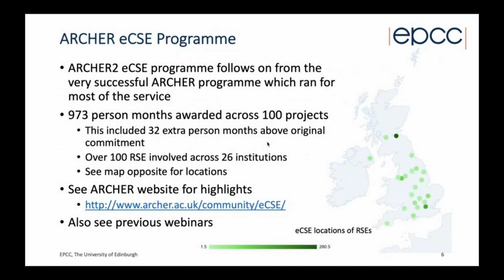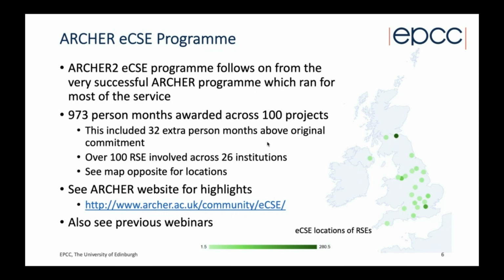I mentioned that a program like this had run under originally HECTOR and then ARCHER. The ARCHER2 eCSE program follows on directly from the very successful program that ran for most of the ARCHER service. During that time, we awarded 973 person months across 100 projects.